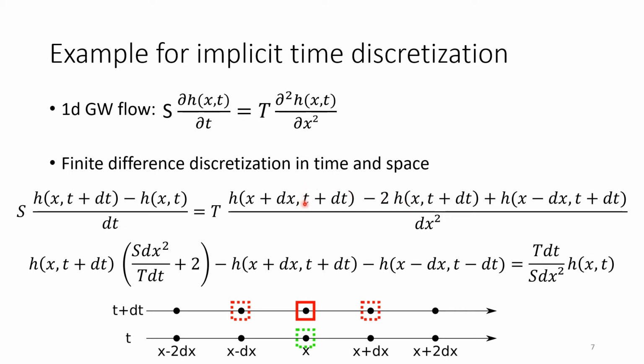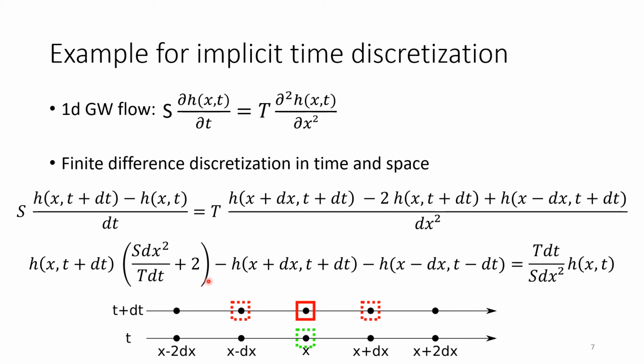But all of those are now defined at this same future time step, t plus dt. So when I now separate these between knowns and unknowns, there's very little I actually know on the right-hand side. This is what is known, and all those others are unknown.